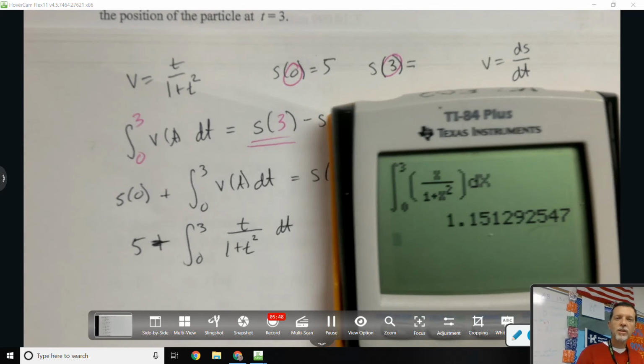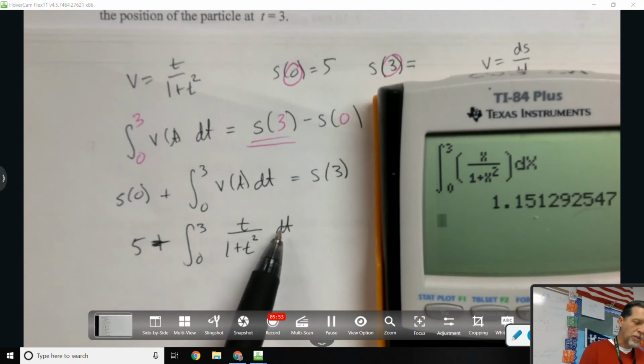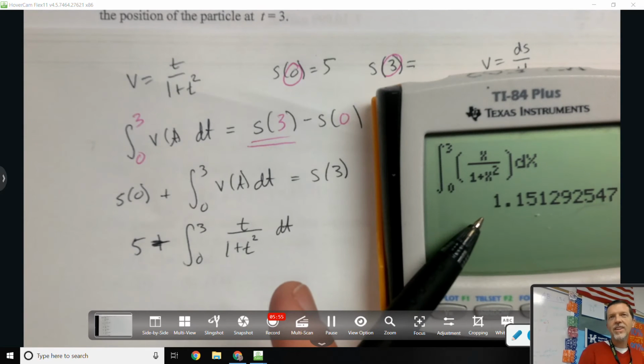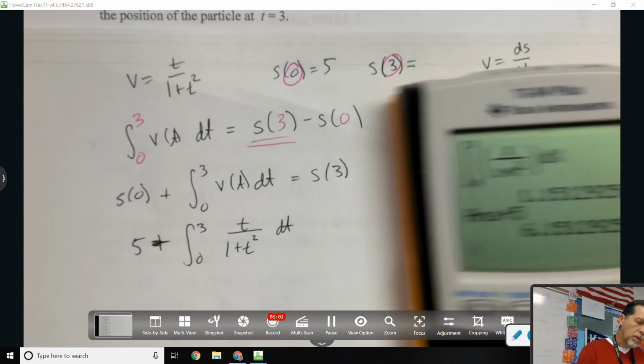One of the problems that some people have is they'll write that as the answer. But that's not the answer, because I need to add that to 5. 6.151.